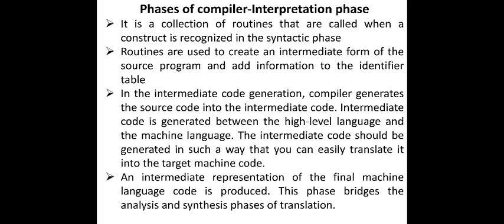In this intermediate code generation, the compiler generates the source code into the intermediate code, and this intermediate code is generated between the high-level language and the machine language. The intermediate code should be generated in such a way that you can easily translate it into the target machine code. An intermediate representation of the final machine language code is produced in this phase, and this phase bridges the analysis and synthesis phase of our translation.